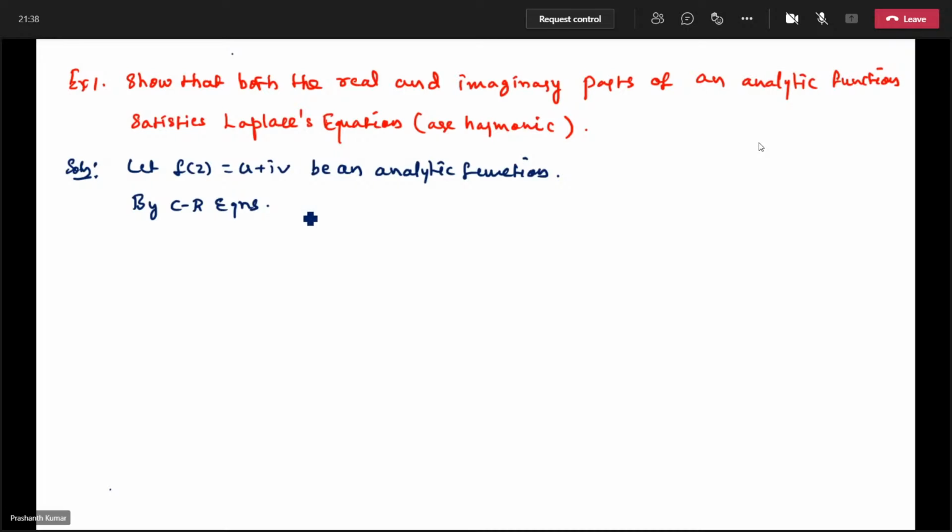dou u by dou x is equal to dou v by dou y. This is the first condition, and the second condition is dou u by dou y is equal to minus dou v by dou x. This is the second condition of the CR equations.